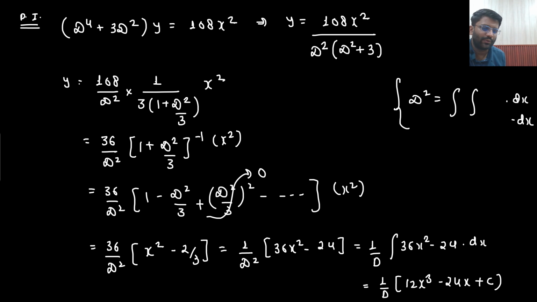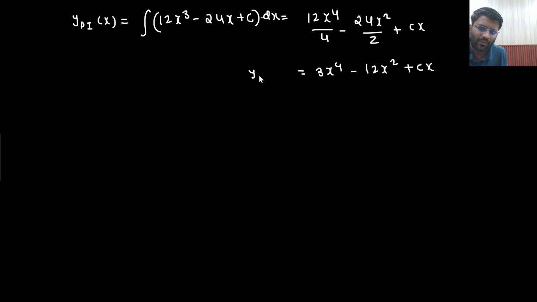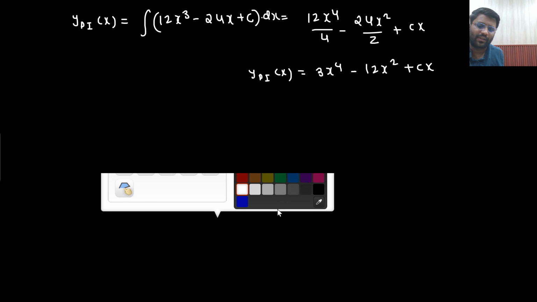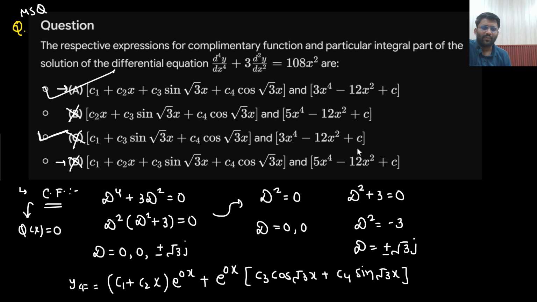So you should use a constant here. So here what you will be getting? Plus c, dx. Now again you integrate: 12x^4 divided by 4 minus 24x^2 by 2 plus cx. This is the answer that you are getting: 3x^4 minus 12x^2 plus cx. This is your particular integral that you will get: 3x^4 minus 12x^2 plus cx. Here only c is written, right?